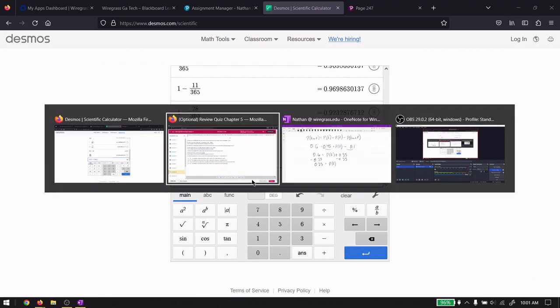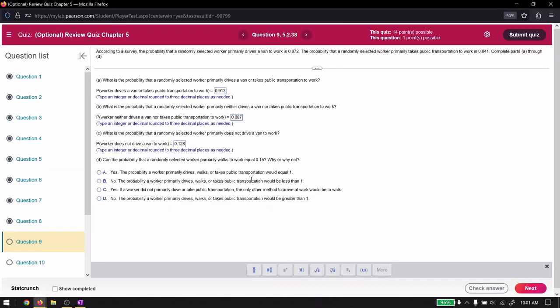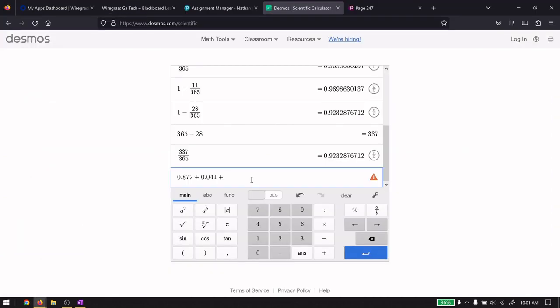And it said, could the probability of walking to work equal 0.15? And there you go. This is already breaching the rule that probabilities can never be more than 1. So we know that that's impossible.